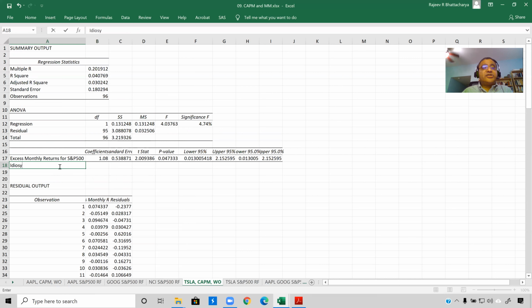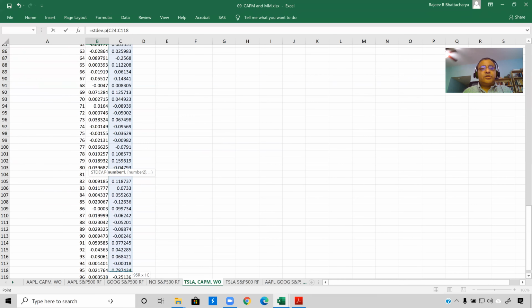What is the idiosyncratic risk? So these are the residuals. This is equal to STDEV.P of all these residuals.